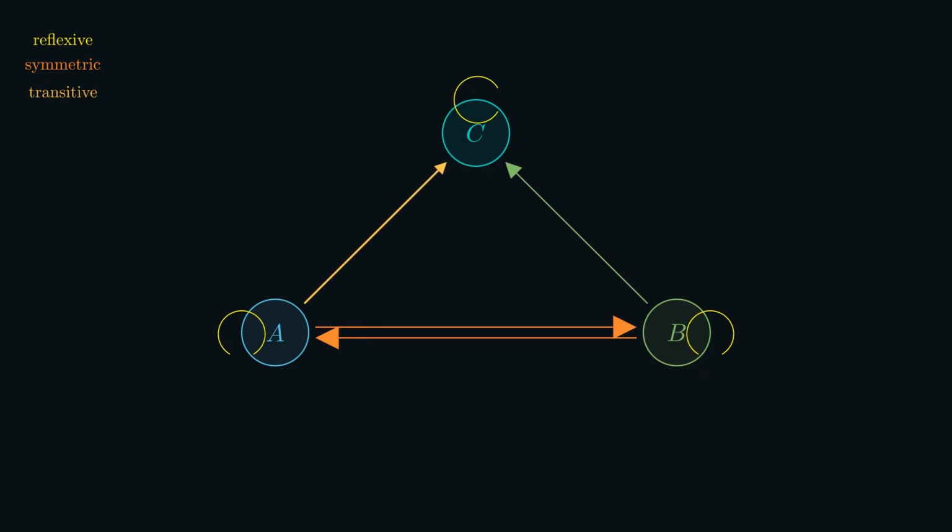These three properties mean that similarity is an equivalence relation on sets. It tells me that two sets have the same size in an exact sense.